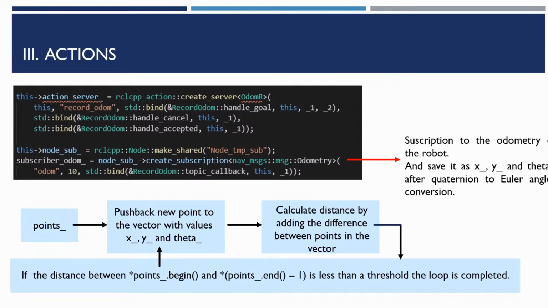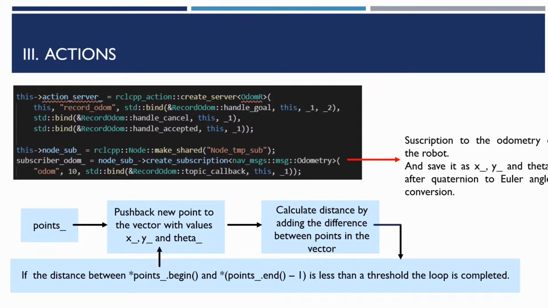And also in the execution callback function from the action, we loop that function every second, and we push those values that have been updated from X, Y, and Zeta to a vector of points.